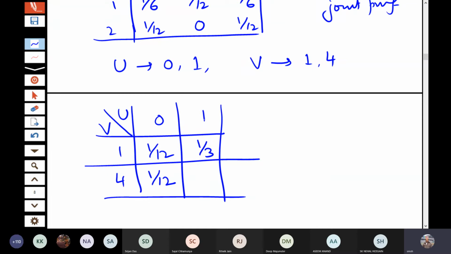X equal to -1, Y equal to -2, that is 1 by 6; X equal to -1 and Y equal to 2, that is 1 by 12; X equal to 1 and Y equal to -2, that is again 1 by 6; and X equal to 1 and Y equal to 2, that is again 1 by 12. So it becomes 1 by 3 plus 1 by 6, that is 1 by 2. So this is the joint probability mass function of U and V.